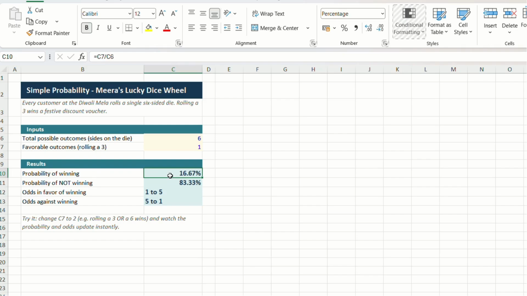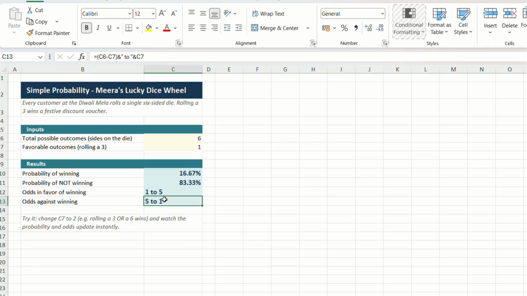So probability of winning is C7 divided by C6, 1 by 6, which is 16.67%. Probability of not winning is 1 minus C10, which is this probability. Odds in favor of winning is 1 to 5, and odds against winning is 5 to 1.